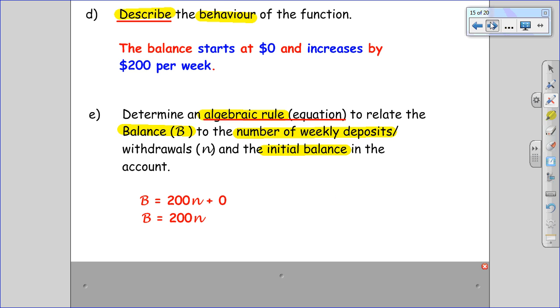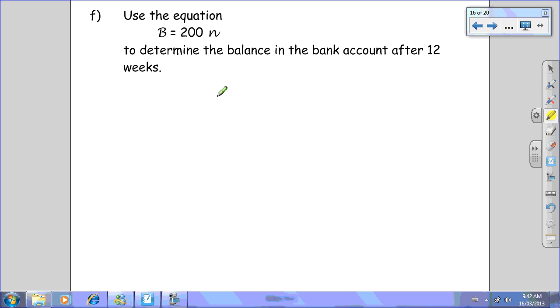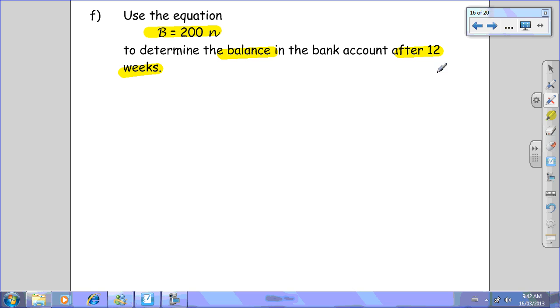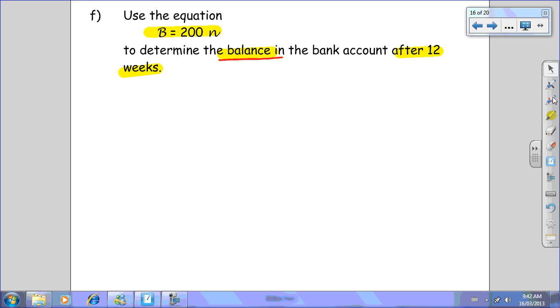If I want to use the equation to determine the balance in the account after 12 weeks, so b equals 200n, that's important. I want the balance after 12 weeks. What am I solving for? I want the balance. Okay. Now what does this tell me?